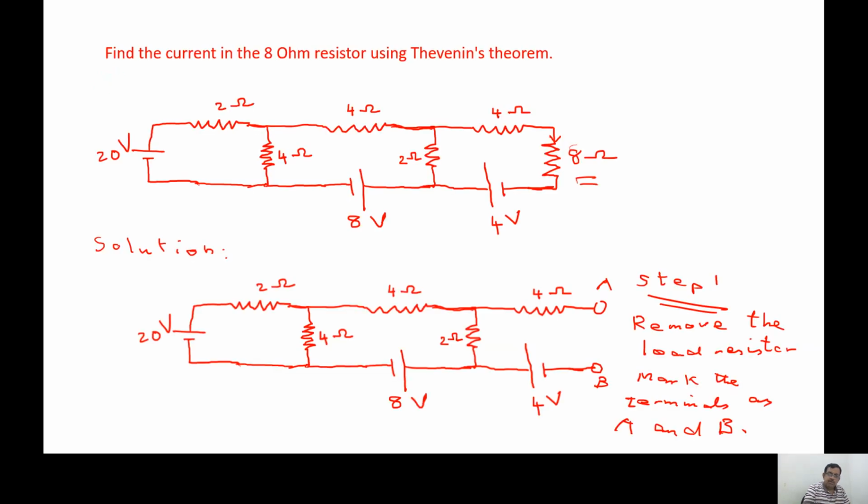Let me put the idea before we proceed further. Please listen carefully. Let us say I want to find the current through the 8 ohm resistor. I know what RL is. All I need is the voltage drop.